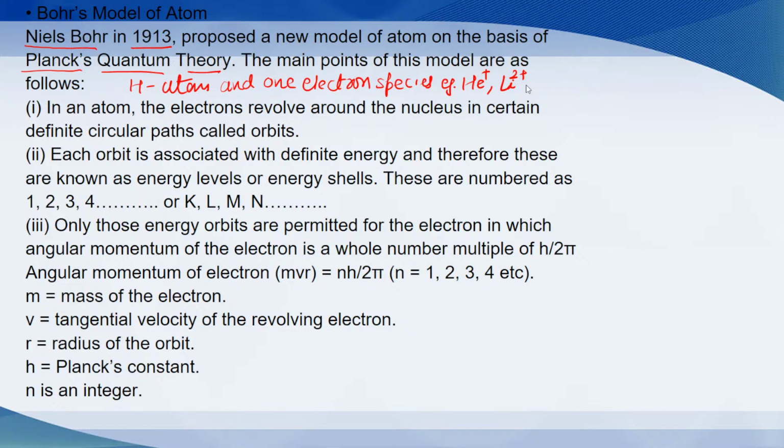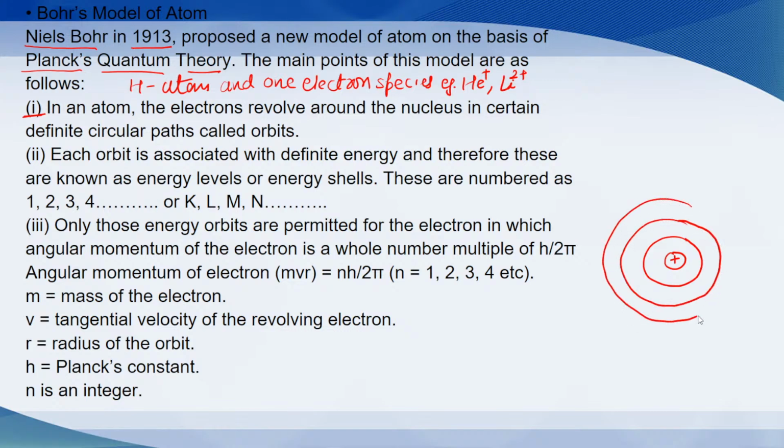So first point of this model is that in an atom, electrons revolve around the nucleus in definite circular paths. And these definite circular paths are known as orbits.